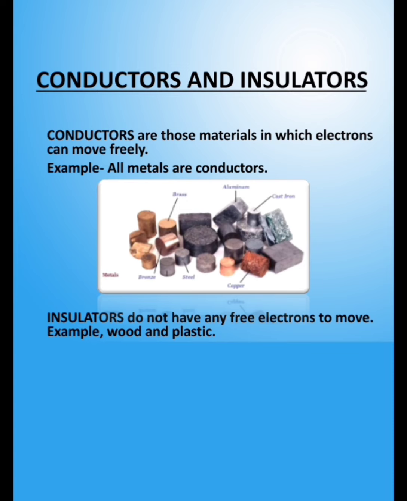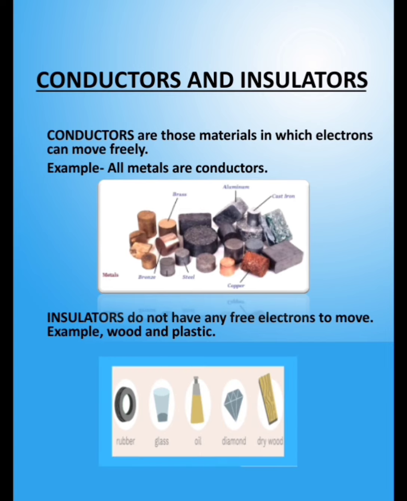For example, all metals are conductors of electricity. The substances which do not allow electric current or charges to pass through them we call insulators. For example, rubber, oil, diamond, wood and many others are examples of insulators.